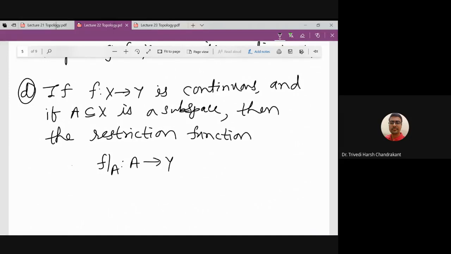So from f from X to Y, I construct a restriction function from A to Y.